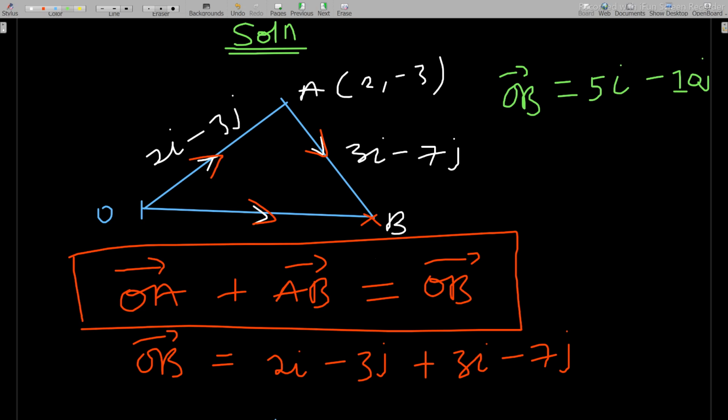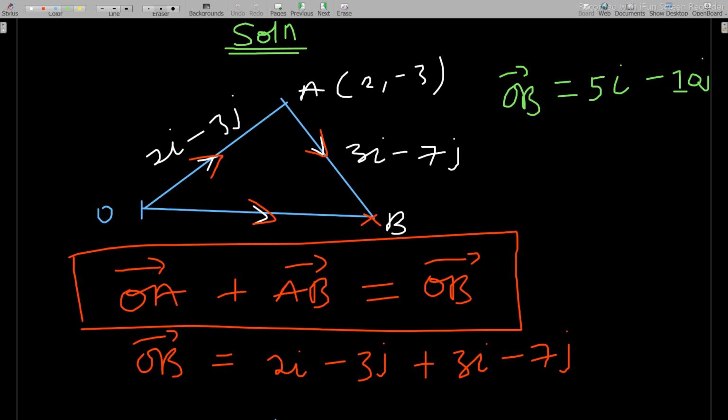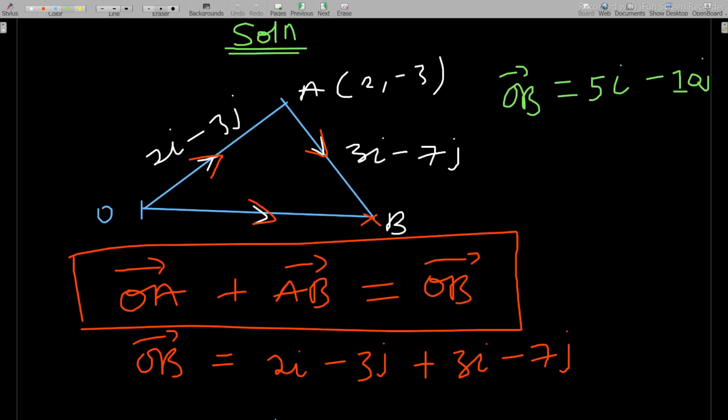Now, this is not our task. Our task is to find the distance from O to B. If you remember, distance of B from O. The question says that we should find the distance of B from O. It means if you are standing at B here, what is the distance of B from O?